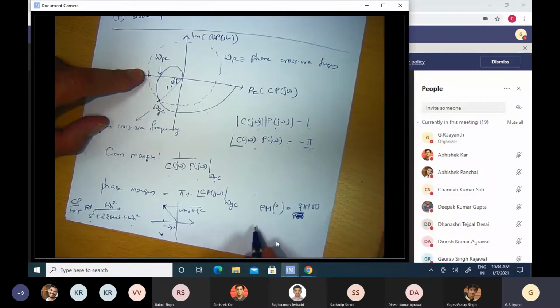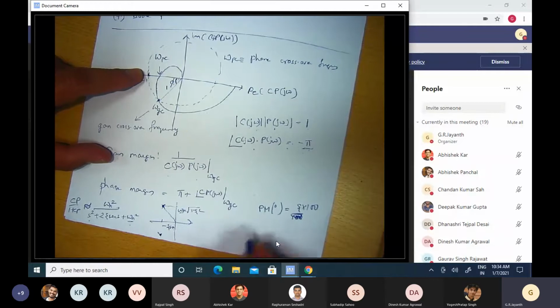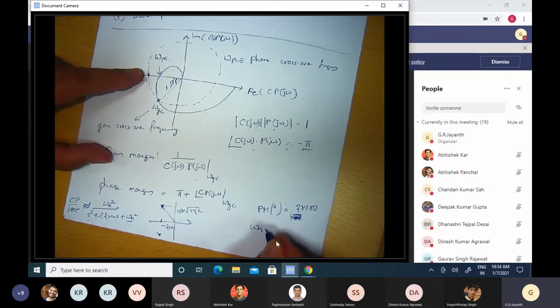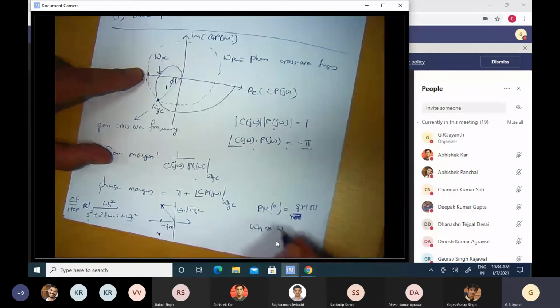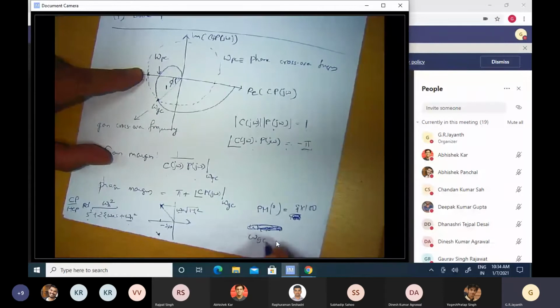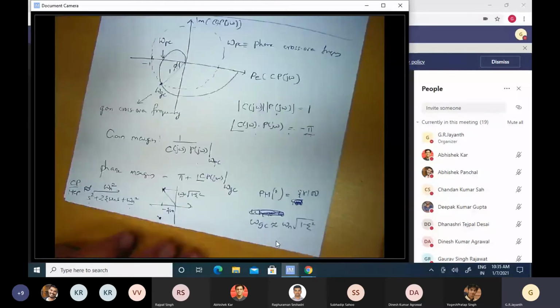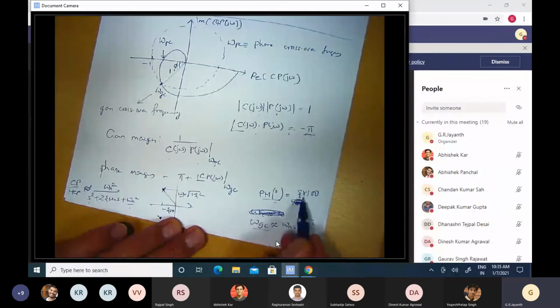The second part is the omega n term here. This is the closed loop system's natural frequency. It can be shown that omega gc is approximately equal to omega n square root of 1 minus zeta square. Okay, so when I look at the gain crossover frequency and the phase margin together, from the phase margin information I can get zeta, the closed loop damping.